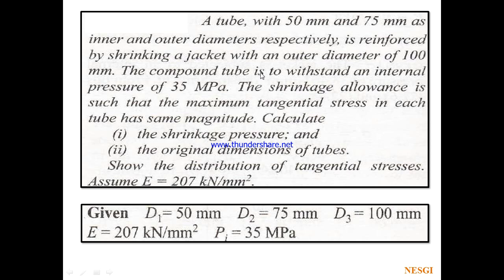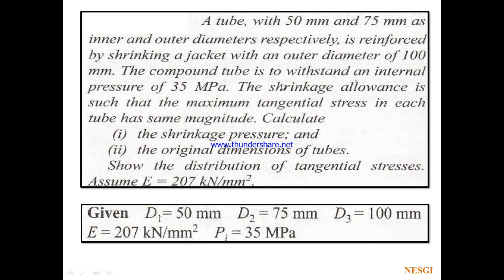Let us read once again. A tube with 50 mm and 75 mm as inner and outer diameters. That means this is D1, this is D2. D1 is 50, D2 is 75, and it is reinforced by shrinking a jacket with an outer diameter of 100 mm, which means D3 is 100 mm.